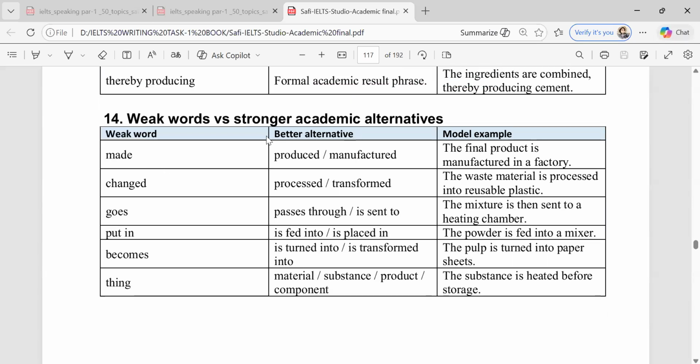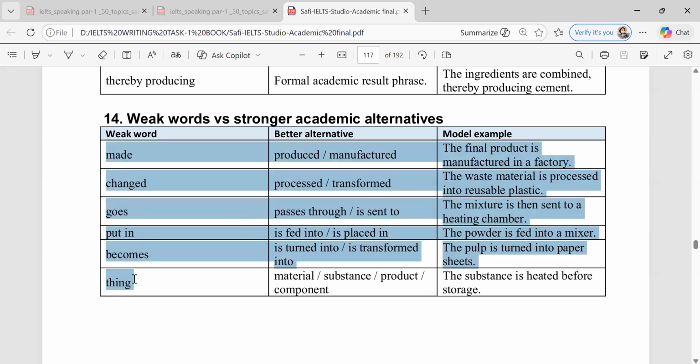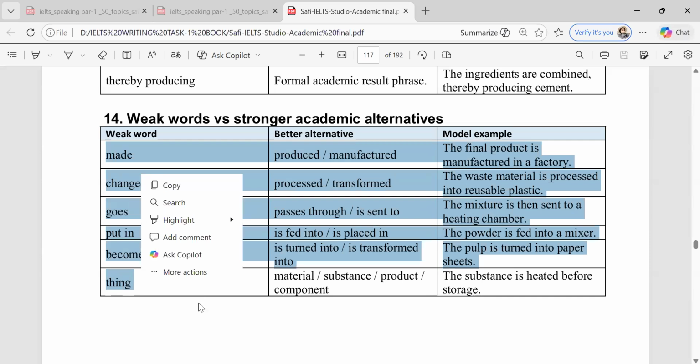And then weak words with strong academic alternatives. For example, made, changed, goes, put in, becomes and thing. These are quite weak words. I don't prefer using these words because they are for band 6.